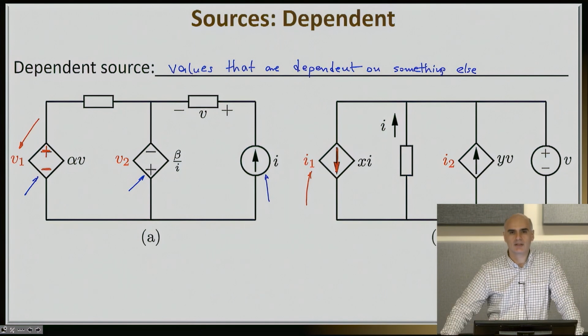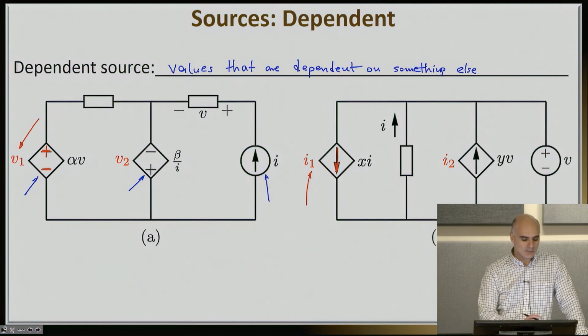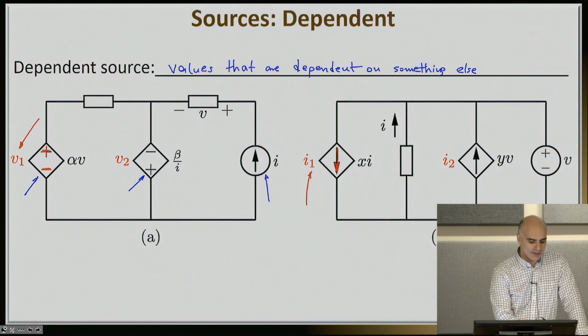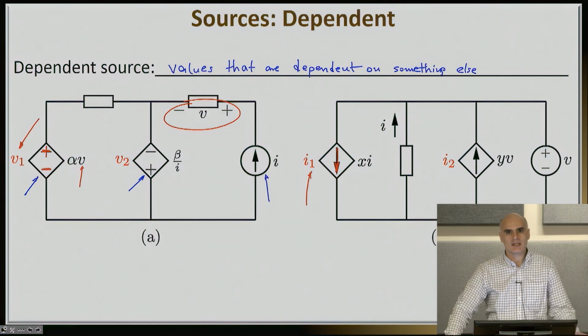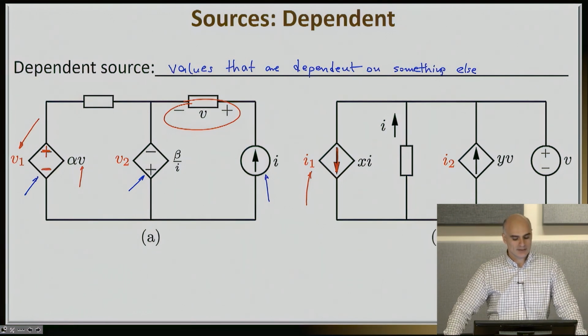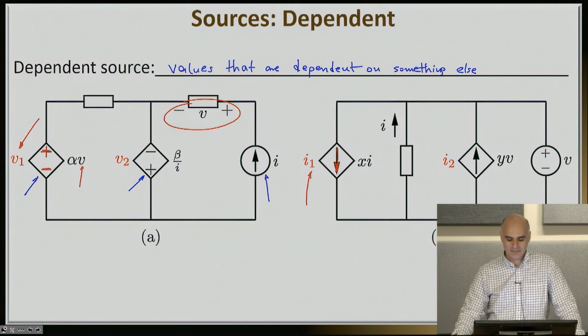Now, if you check those values, let's say V1 or I1, you will find out that they depend on something else. For example, for the dependent voltage source, you will find here that there is this V, where this V is the voltage drop across this device. That means that if you double V, the voltage drop across this device, then V1 also doubles.